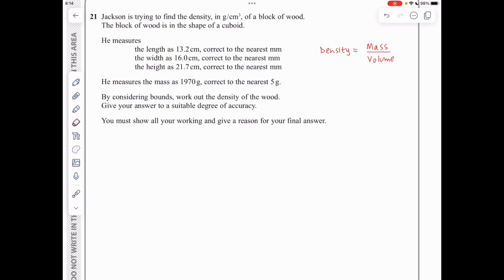So let's start off with the length. It's 13.2 centimeters, which is 132 millimeters, which means that the upper bound is 132.5 millimeters and the lower bound is 131.5 millimeters.